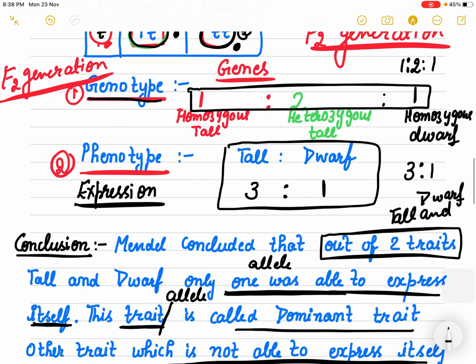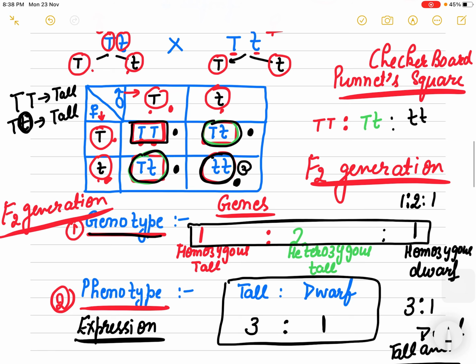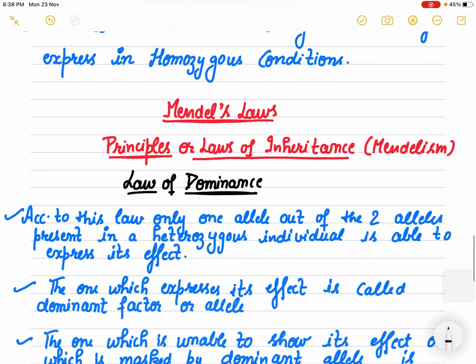As you can see in this chart, till the time this smaller t is present with the capital T, it is not able to express. But the moment there is another small t joined with this t, it is able to express, and we are calling it homozygous dwarf, right?